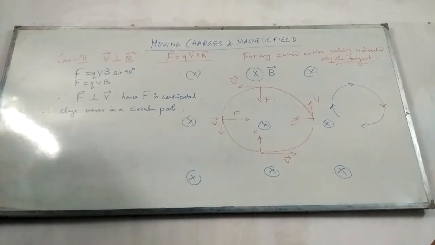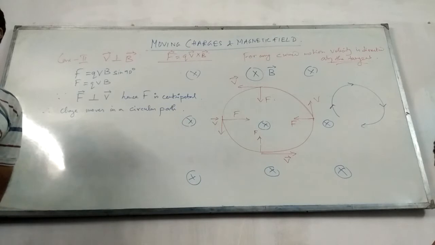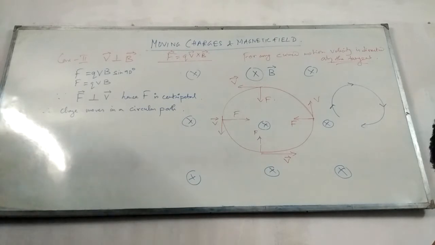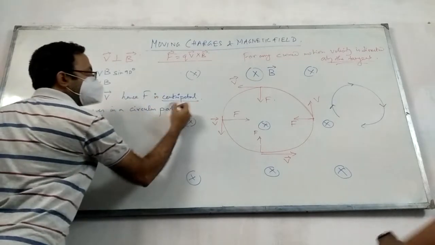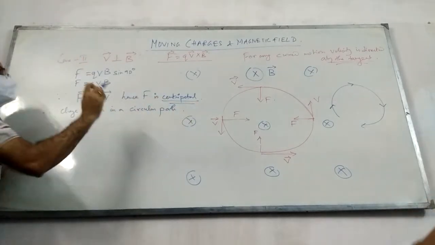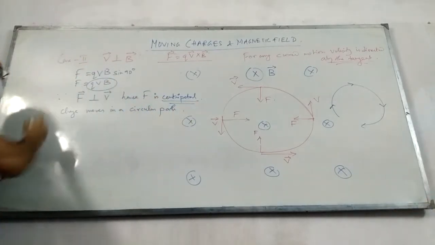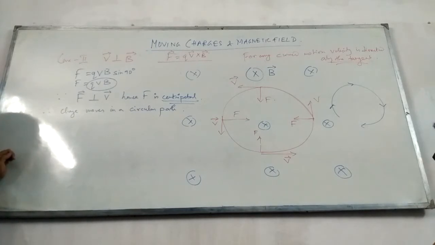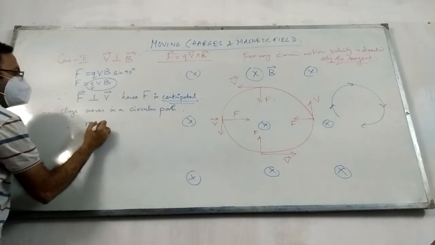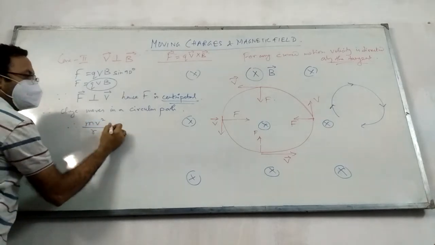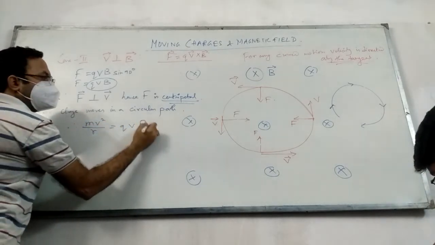What is the expression for centripetal force? mv square by r. Very good. So since this force is centripetal, we can write mv square by r is equal to qvB.